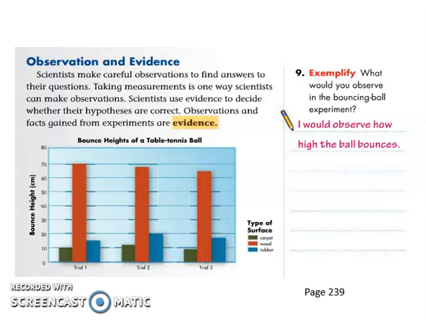So when scientists gather their information, they compare it. When they compare it, they can use a bar graph or a pie chart so that they can compare evidences. Remember that evidences is their proof.